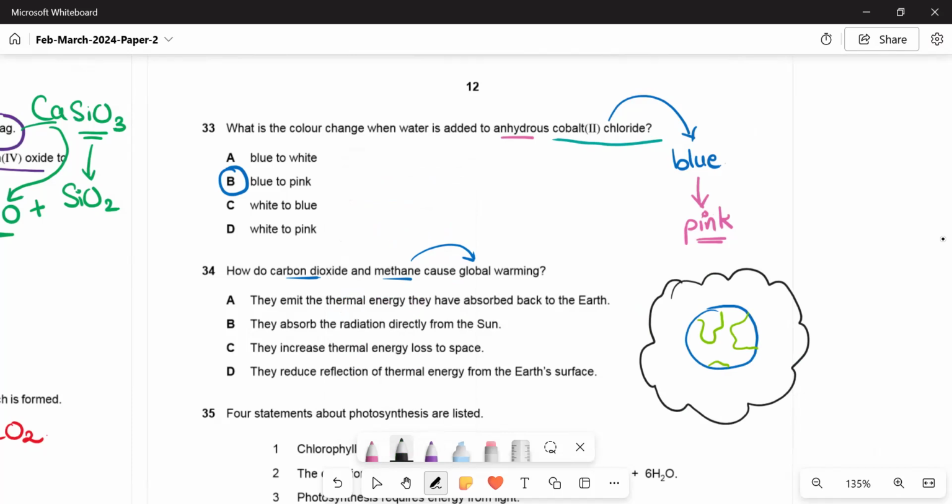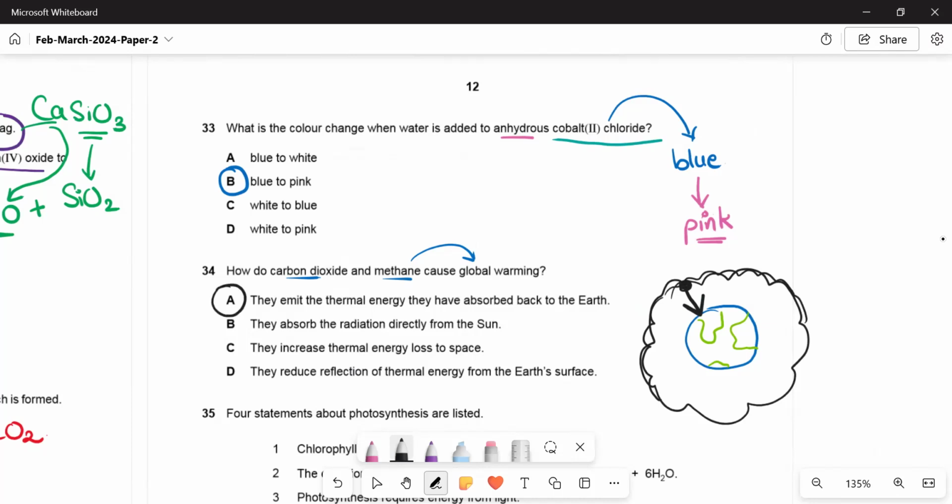The greenhouse gases are present around the earth. These gases absorb some of the radiations, and they reflect most of the radiations back to the earth. They emit the thermal energy back to the earth, so they cause global warming in that case.